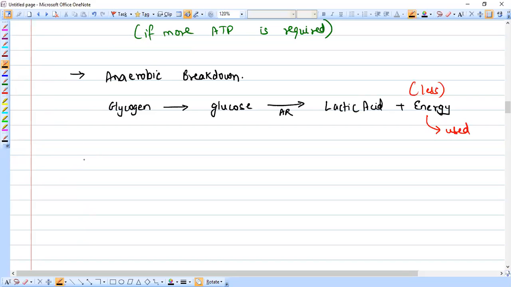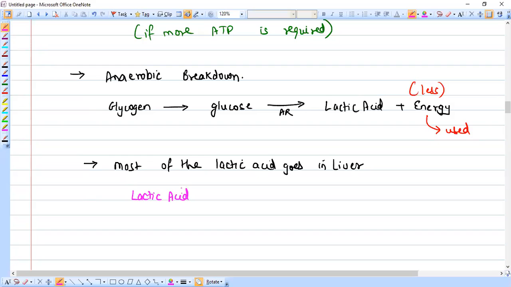And the next is, what if you need more energy? What happens to most of the lactic acid? Remember, most of the lactic acid goes to the liver. And what exactly happens there? The lactic acid which has reached the liver will be divided into two parts.